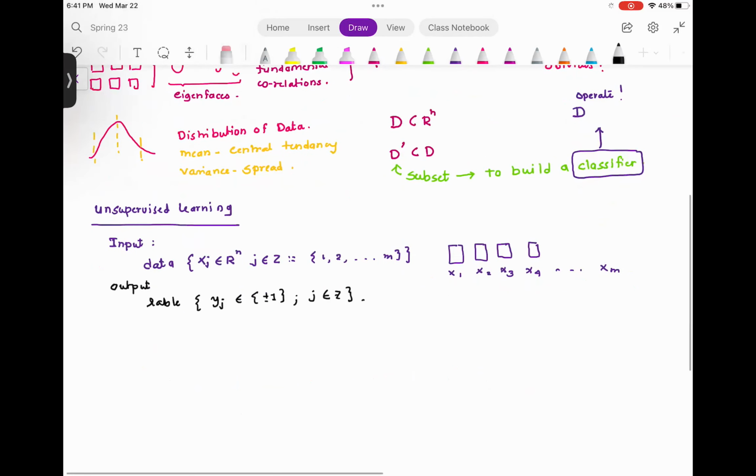Now let me rewrite the mathematical framework of unsupervised learning slightly differently, and that actually gives us supervised learning.